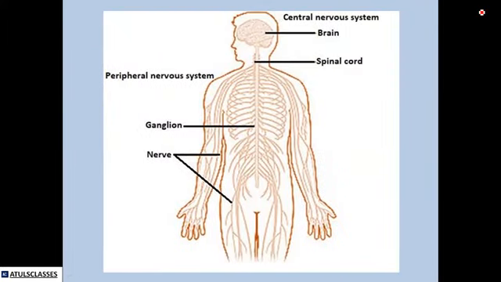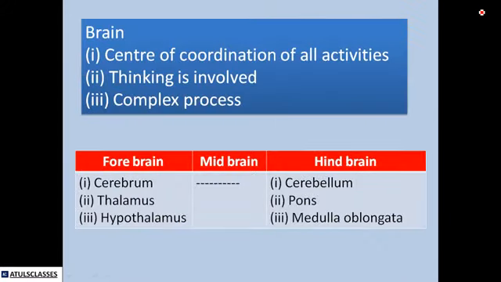Here it is nicely described: different ganglions and nerves perform functions and make up the peripheral nervous system, and the central nervous system has only the brain and spinal cord. Now we are more concerned with the first part, that is, the brain.